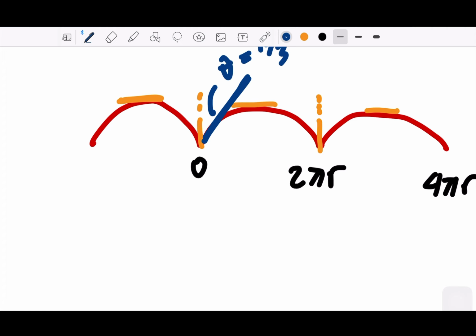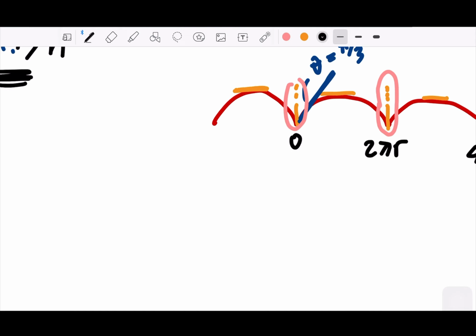Now, if we observe the line around here, or maybe here, the vertical one, we can approach those vertical lines using a limit.